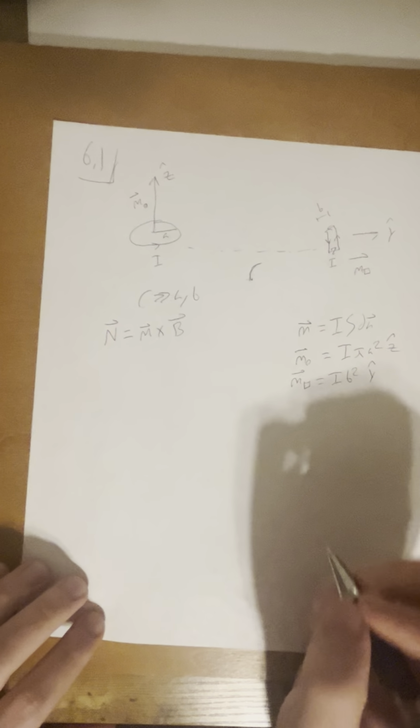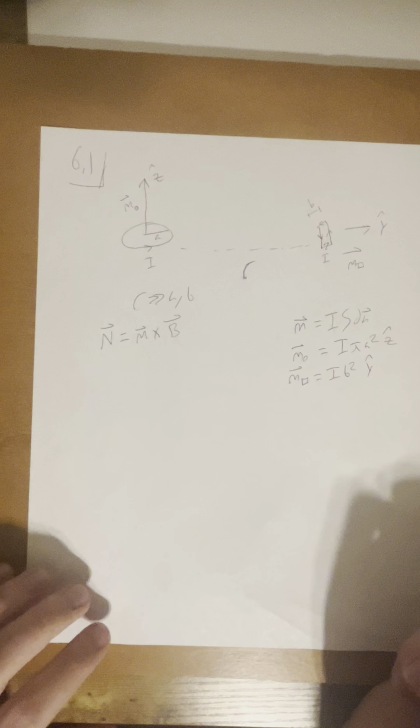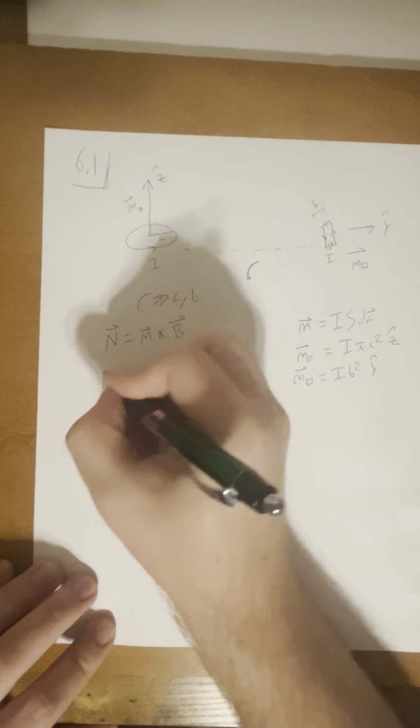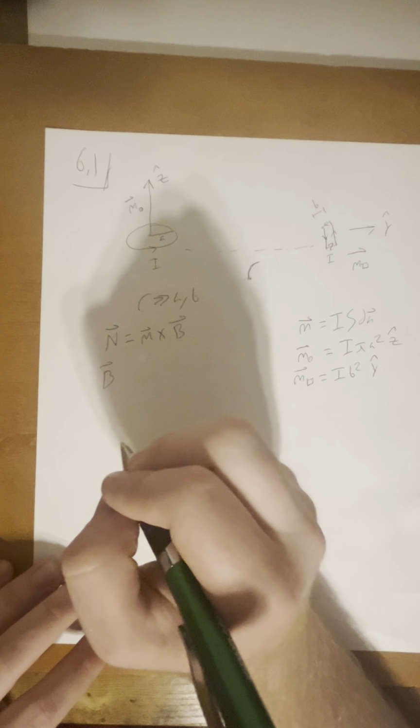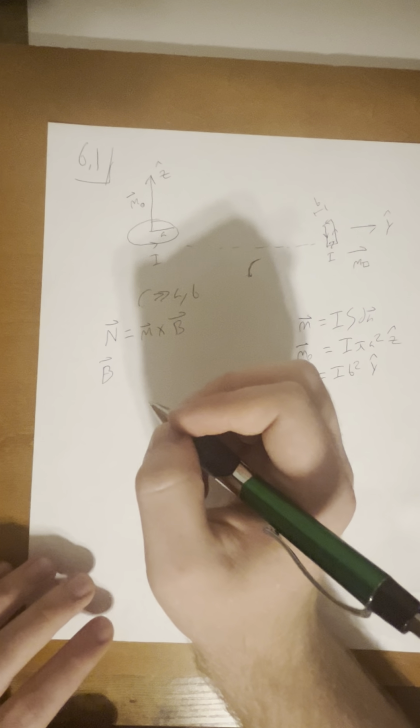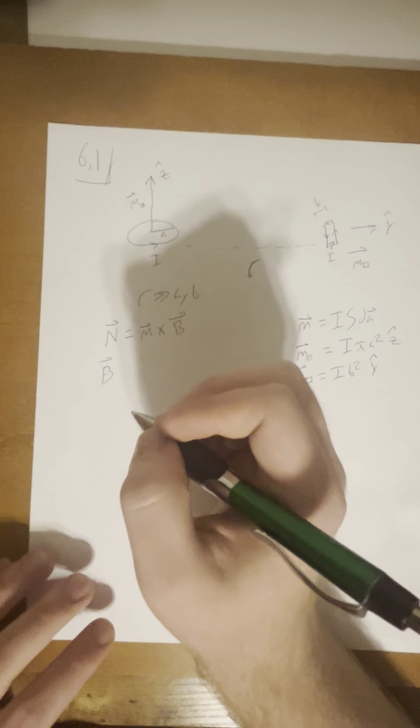So first we need the magnetic field due to the circular loop. To find that, we know that this equation gives us the magnetic field due to a magnetic dipole moment at the origin that points in the z hat direction, which luckily we have.